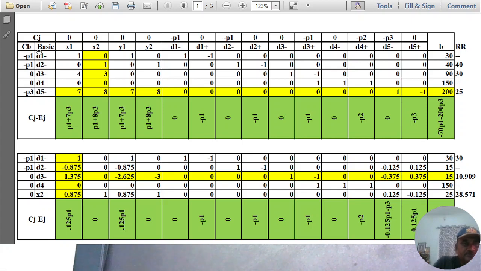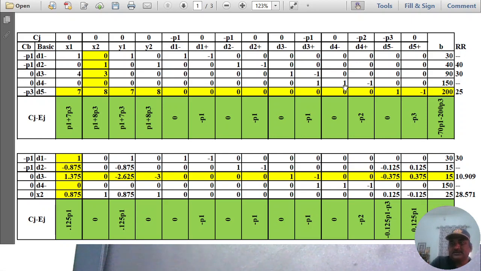Now here you have to write the basic variables. See here, the first basic variable is d1 minus because it satisfies the condition of becoming the basic variable. Second is d2 minus. Third is d3 minus. Fourth is d4 minus.